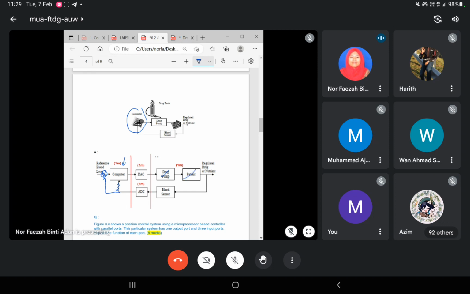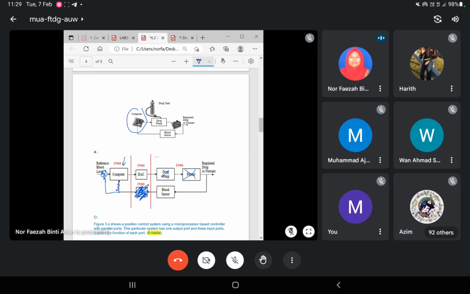Okay, and then patient tak letak pun tak apa. And then your output is your regulated drug or nutrient in your blood. Okay, and then you have a blood sensor to detect the drugs. And then before you can compare between reference, sekejap saya tengok ni, macam salah jawapan ni. Okay.